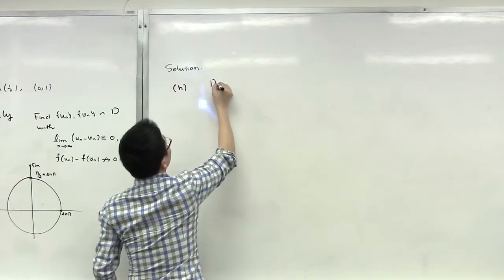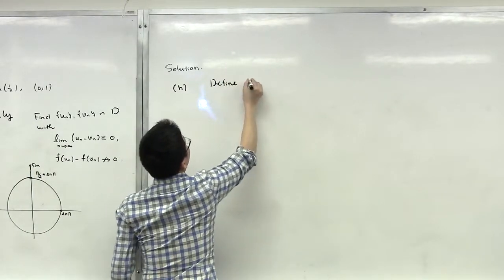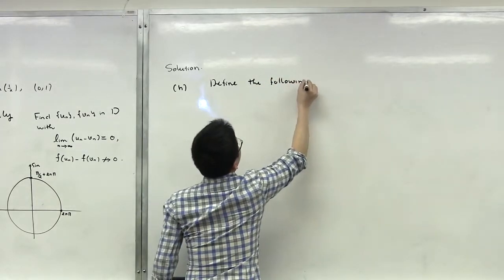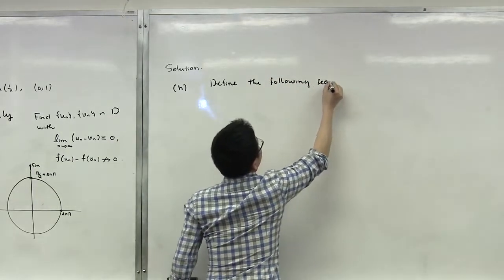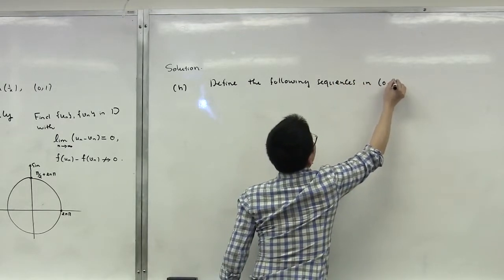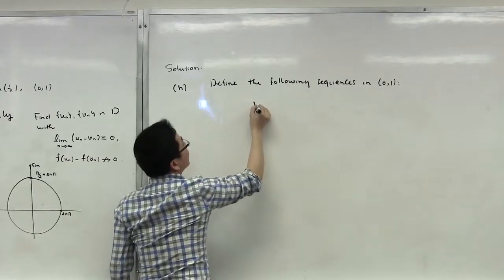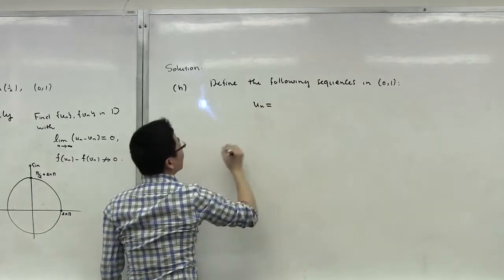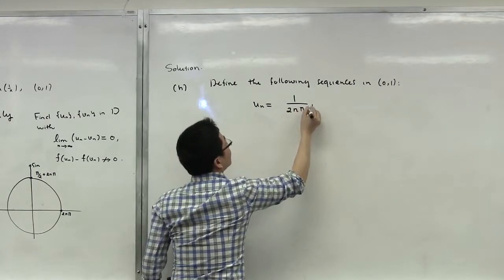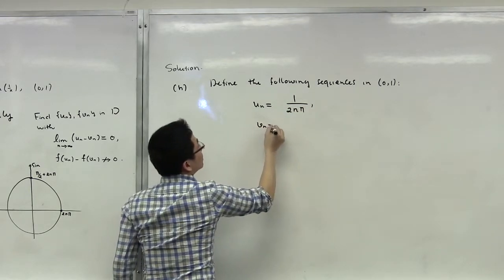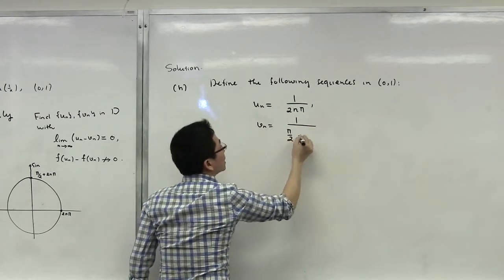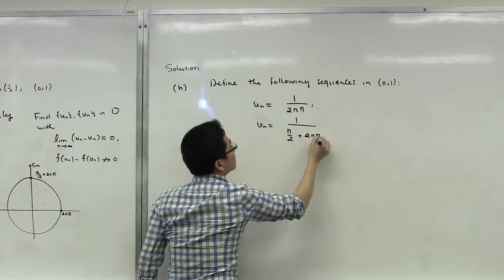We define the following sequences in the interval (0, 1). un is equal to 1 over 2n pi, and vn is equal to 1 over (pi over 2 plus 2n pi).